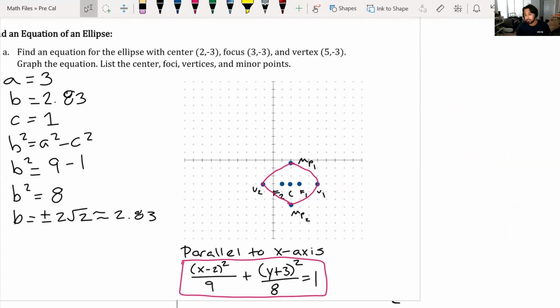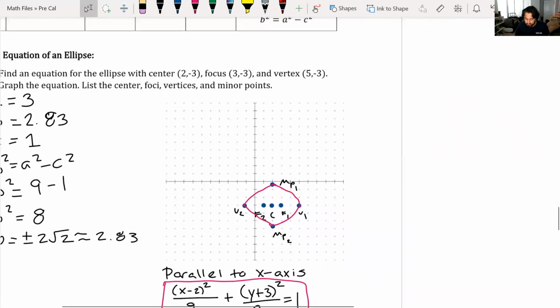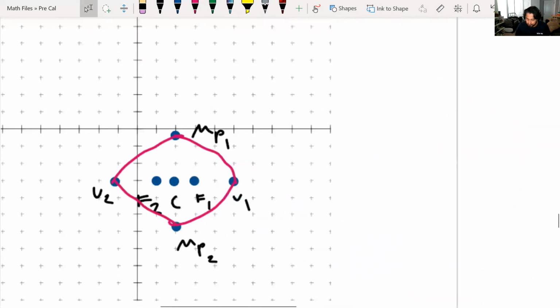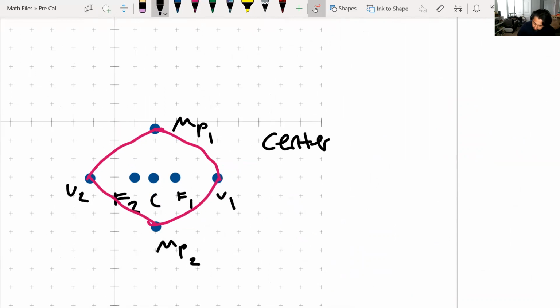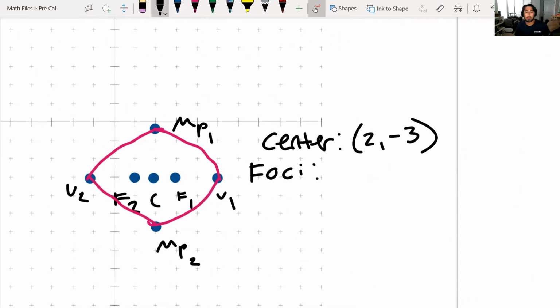And there we go. There's the equation of an ellipse with a center at 2, -3, and parallel to the x-axis. Now let's list all the other stuff, the points and all that good stuff. Foci, let's actually list them now since we can't really do the plus or minus thing.